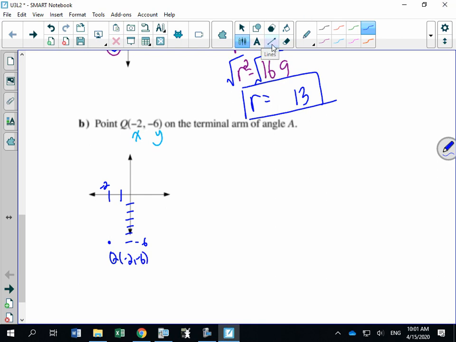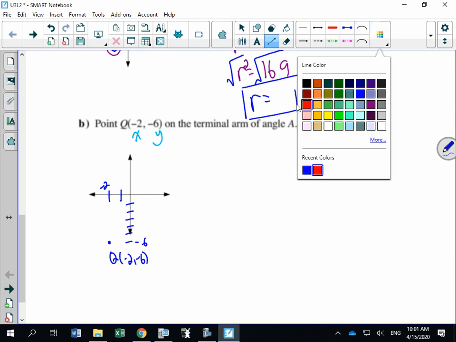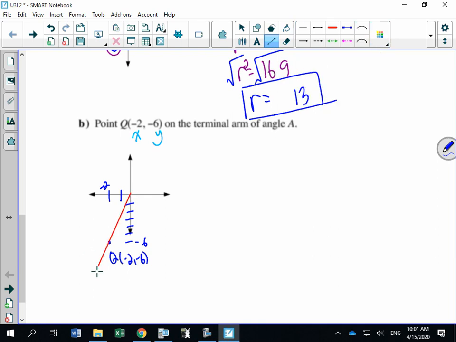We always draw our terminal arm going through that point. From your terminal arm and that point, draw your triangle. Your triangle goes up. It's a vertical line to your x-axis from that point. Here's my triangle here.